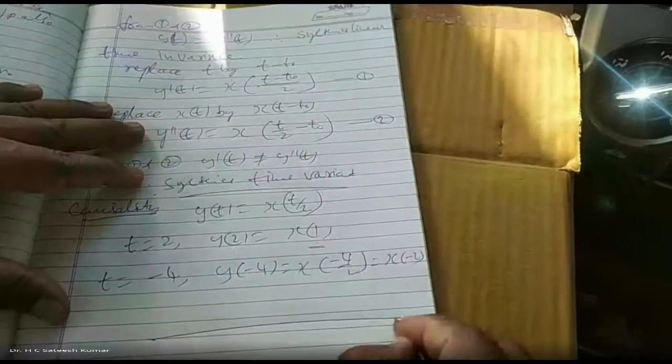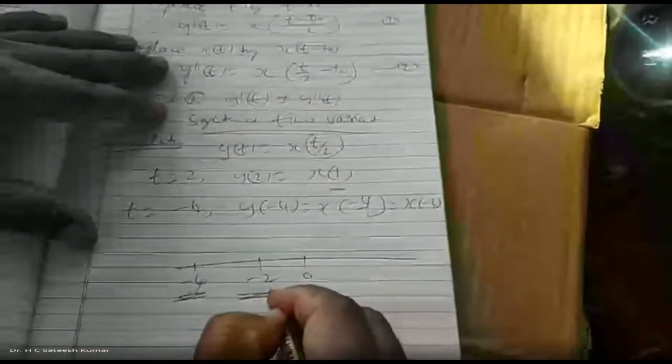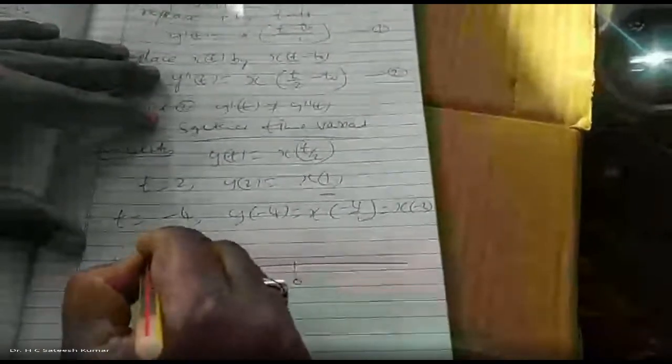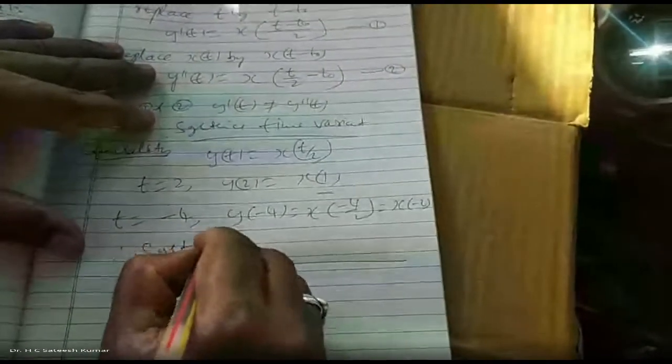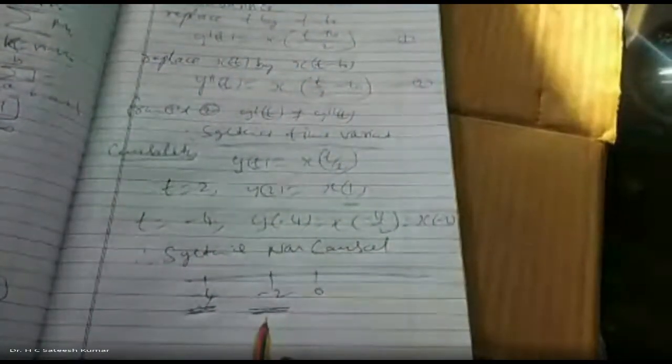So the output at the instant minus 4 depends on the input at minus 2, which is future. Therefore, the system is non-causal.